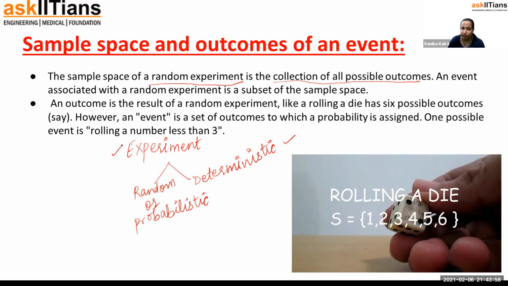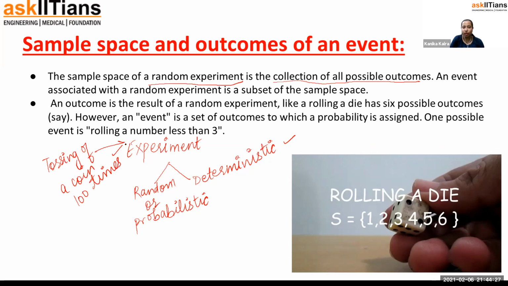If we relate the experiment term to math, an experiment is a collection of a lot of steps, and each step is known as a trial. Like tossing of a coin 100 times.